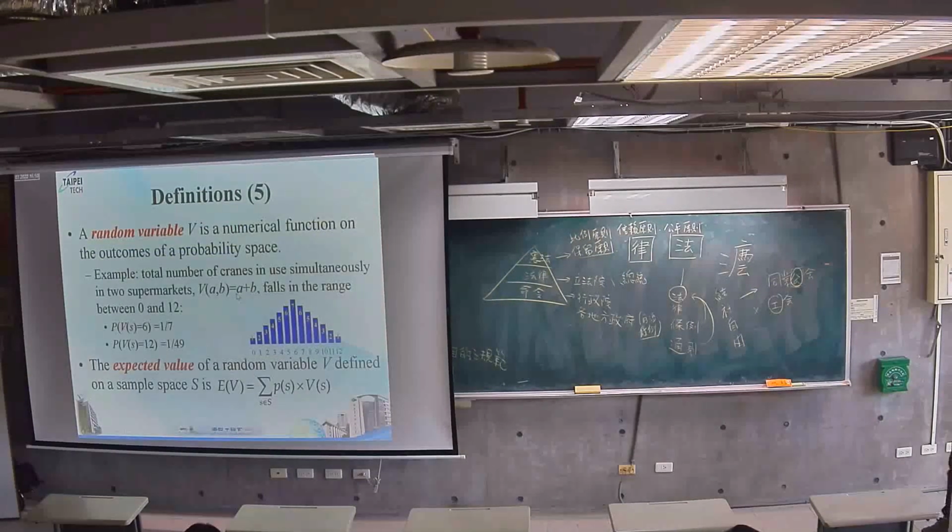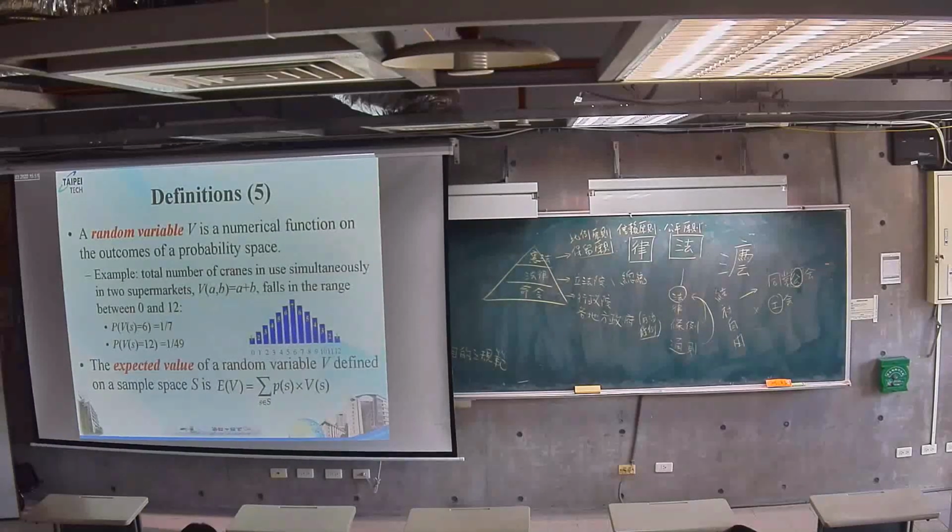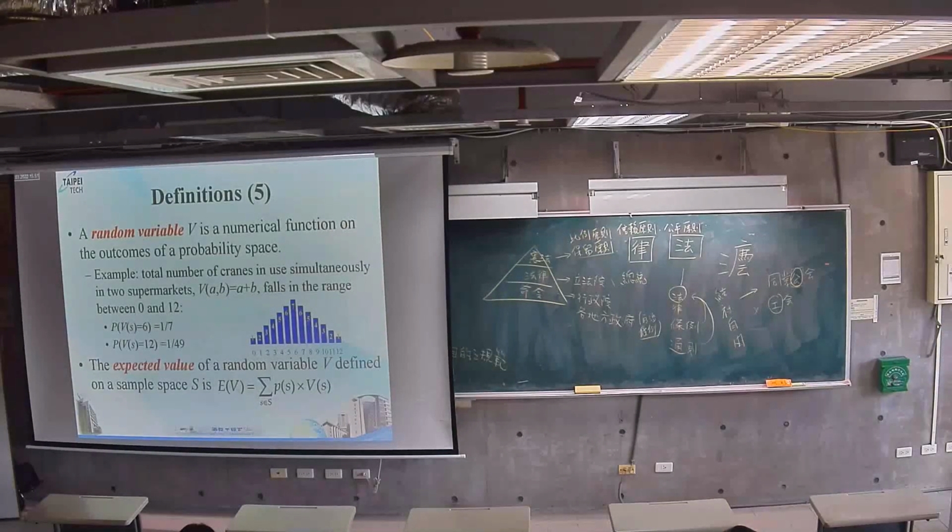All right, so after we define the probability for outcomes and events, we might see this a lot when we learn probability or statistics, and that would be random variables. Actually, a random variable is another function, a function on the outcomes of a probability space.